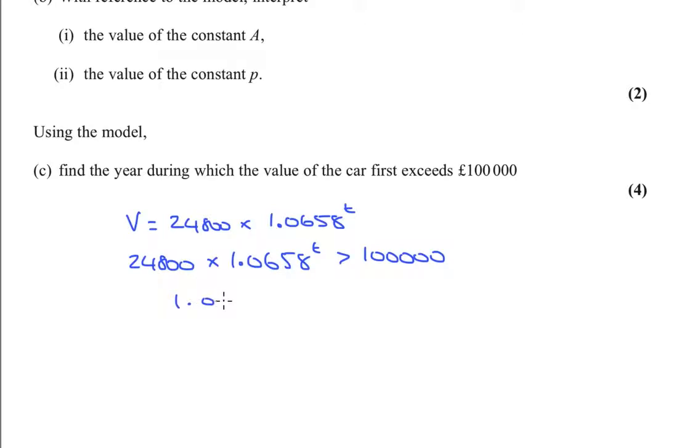I'm going to divide by 24,800, which gives me 4.032. Then I'm going to natural log both sides.